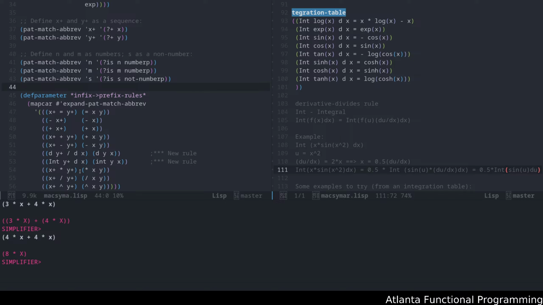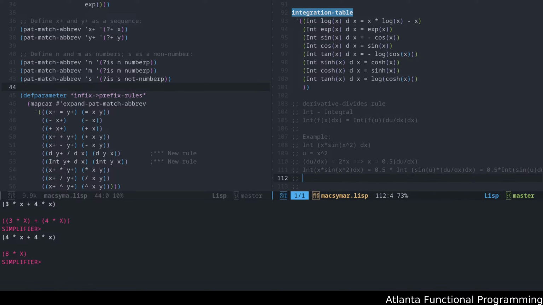And since we know that, in this case, the integral of sine x is minus cosine x, we can substitute that, and then the final answer is 0.5 times the integral of sine u du, where u is actually x squared, so it's minus 0.5 because of minus cosine x, and then our final answer is just going to be cosine x squared.